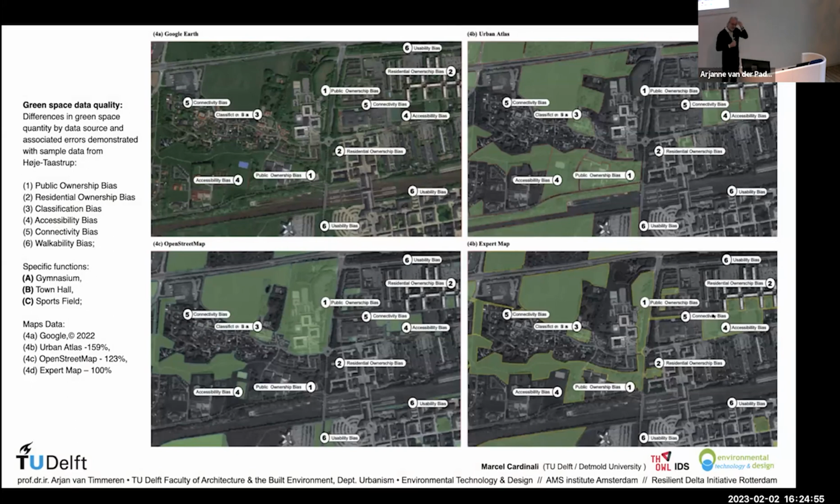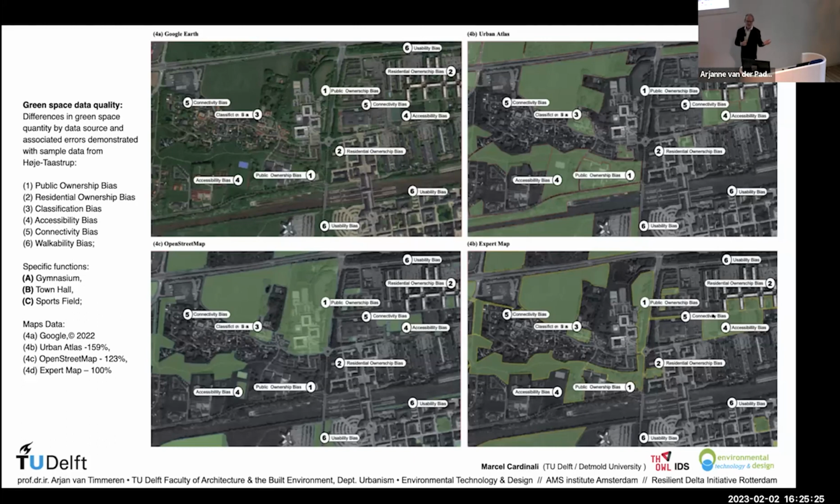What I showed you here is, on the left, Google Maps, on the right Urban Atlas, bottom left OpenStreetMap, and this is an expert map. That expert map is the real assessment of green. You have to walk literally through the area, but you can tell that if you use the other datasets, and I think it was mentioned in the discussion of what data you use, you get entirely wrong assessments of the amount of green space.